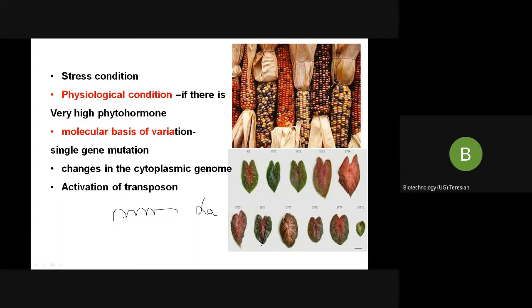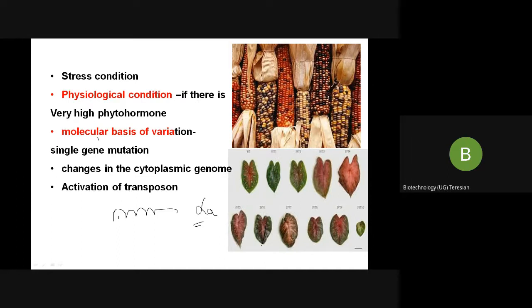If you don't subculture, there will be no nutrition for the plant. Desiccation of the nutrients or the agar happens, and ultimately your explant will die. My explant should not die, which is why I'm going for subculturing. In subculturing, I provide fresh media with all the nutrients I provided in the first one. So there is uniformity and similarity, so that I get my end product, only lactic acid and nothing else.